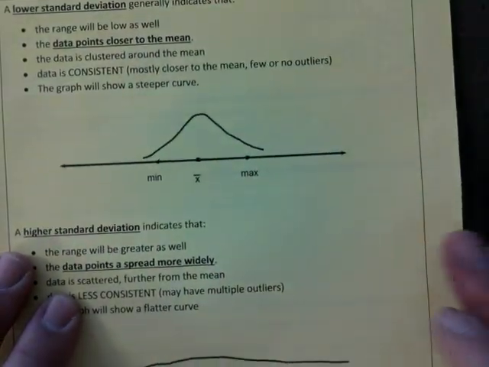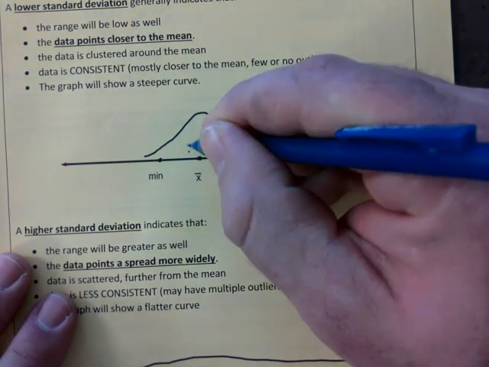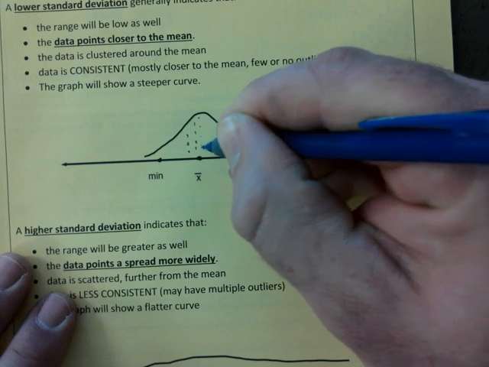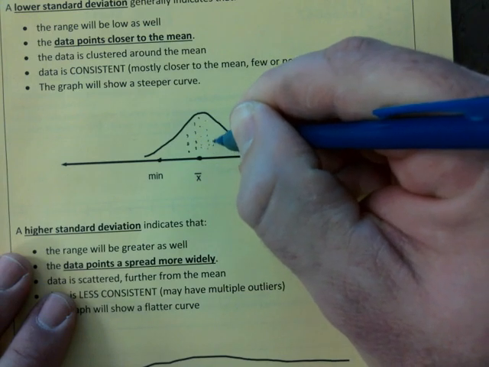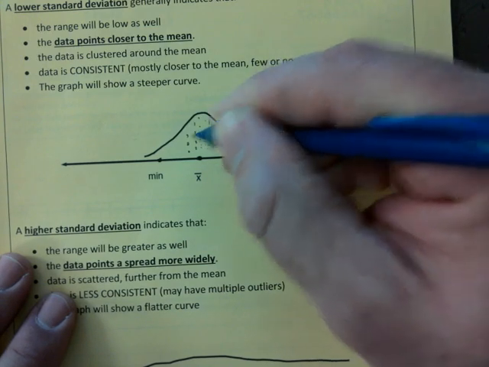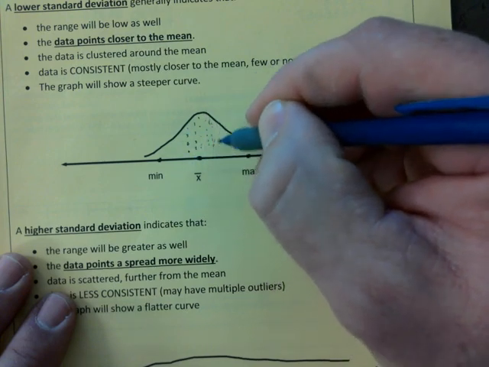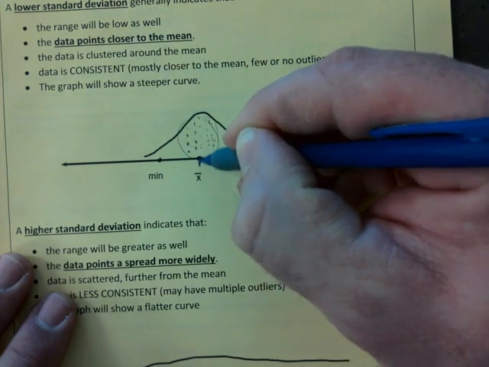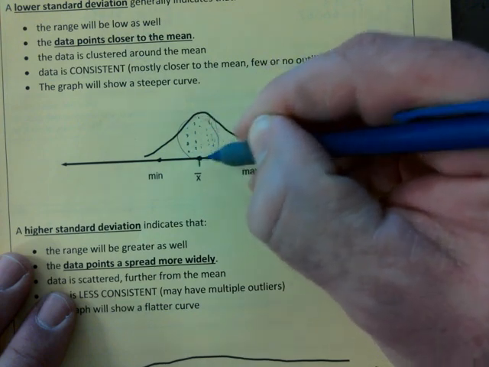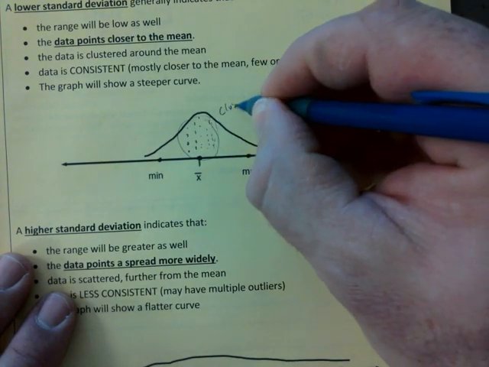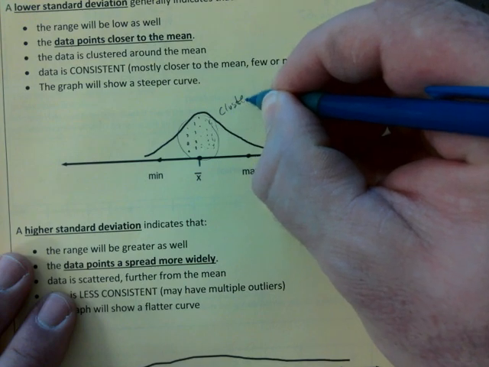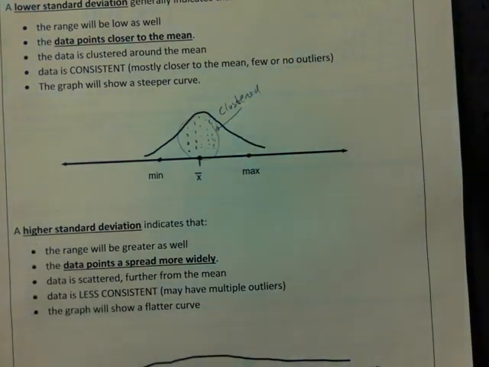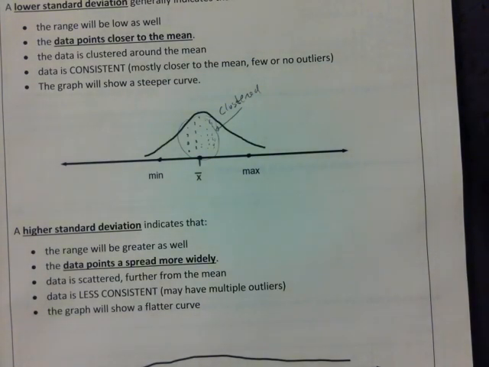So like most of the points are gathered inside here, right? So you're collecting points, and most of them are gathered. They're consistent. If this is your average, most of them are clustered. That's what you want as a teacher, that most of your tests are closer to the average.